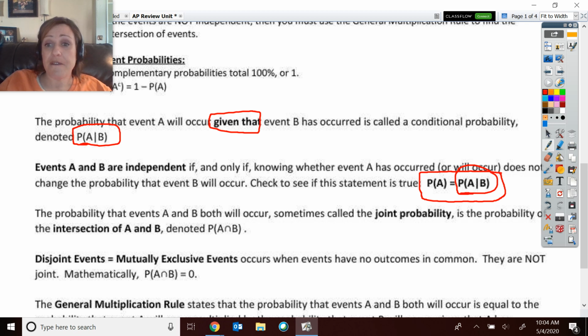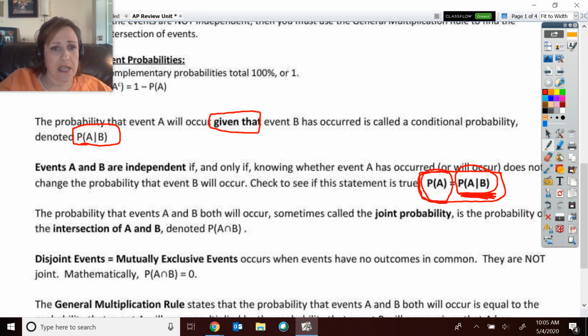And if the fact that B has happened does not change that probability of A, then, if this right-hand side equals the overall probability of A, then those events are independent. That means the fact that B has happened did not change the probability of A.